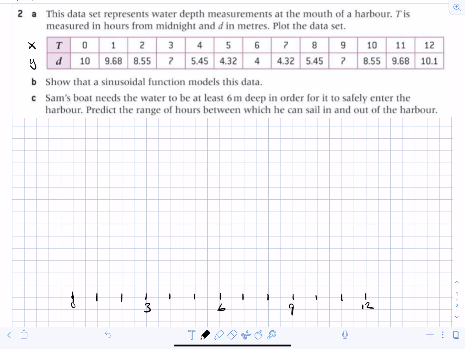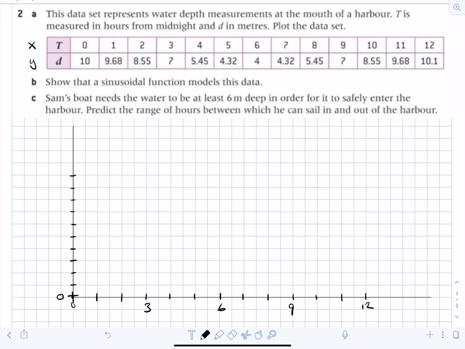And then the depth here, what's the low? 4, climbing all the way to 10. So I'll probably just go on a scale from 0, and then 1, 2, 3, 4, 5, 6, 7, 8, 9, 10. So I'll make a little axis here using my ruler. Very nice. I'm going to show what these things are.